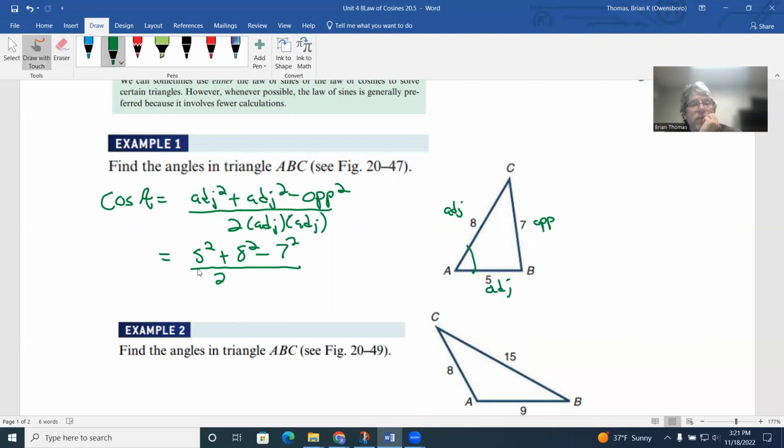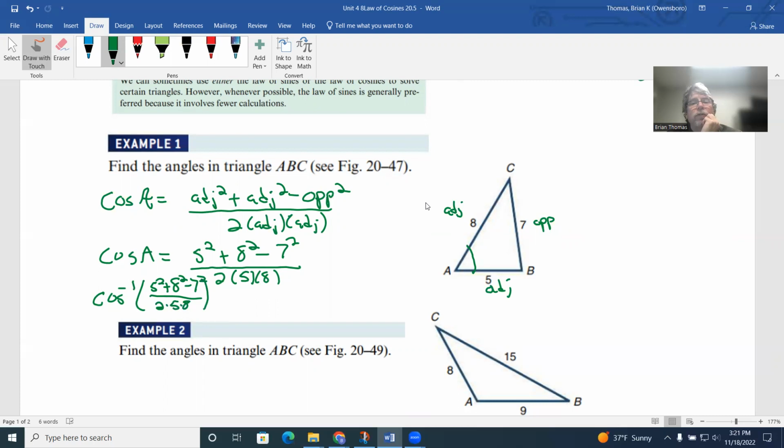So 2 times 5 times 8. So that's going to be the cosine of A. Notice though, we still have to do the inverse cosine of that. So the inverse cosine of that is going to be our answer. So 5 squared plus 8 squared minus 7 squared over 2 times 5 times 8.